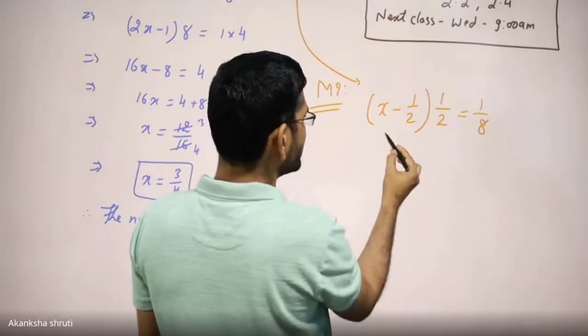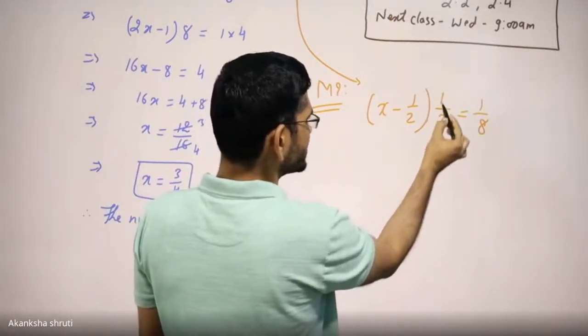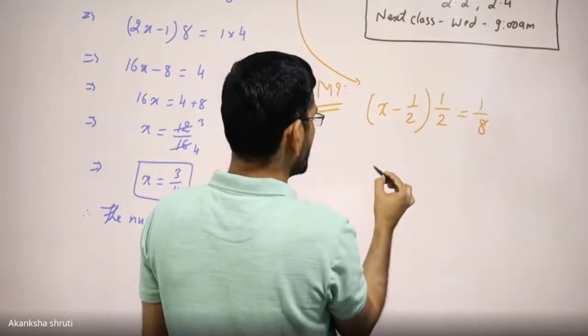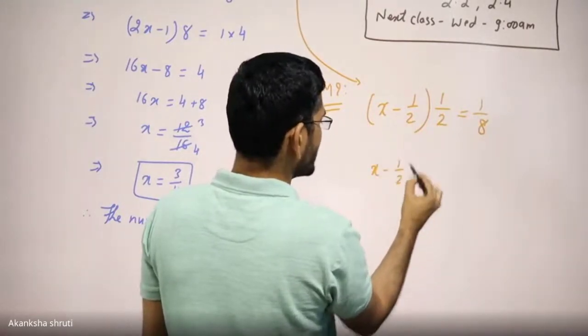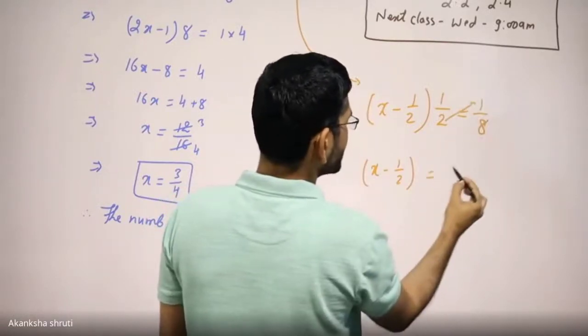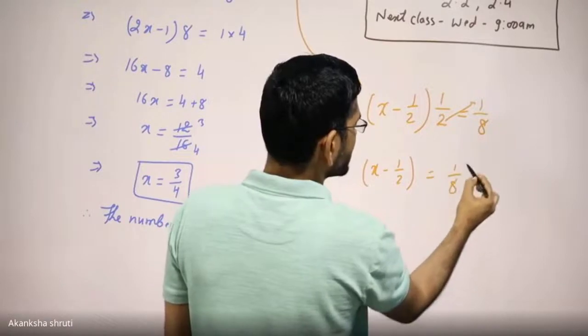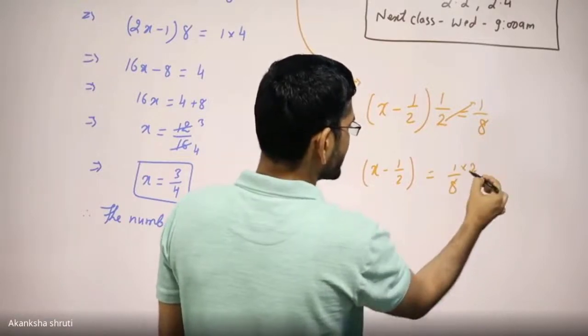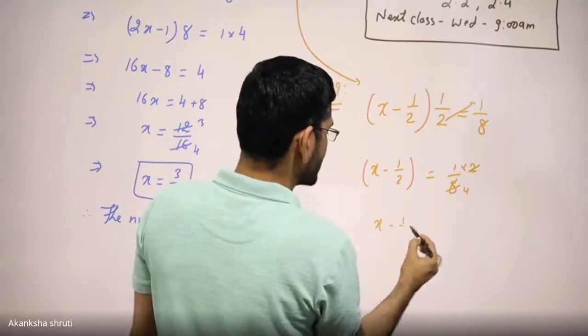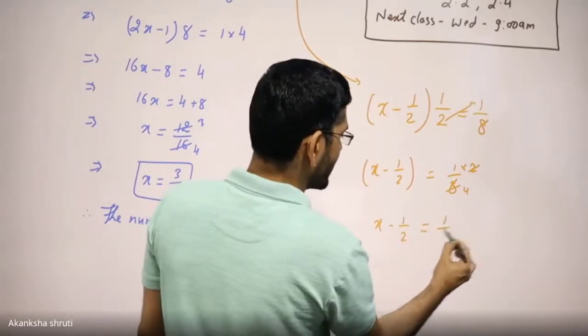But be careful, for that cross multiplication, this 1 by 2 can only be multiplied, not this 2. Means you can keep this 1 by 2 here, and then this 2 will get multiplied to this 1. So it is 1 by 8. In the numerator it has gone. This can be cancelled. Means x minus 1 by 2 is equal to 1 by 4.